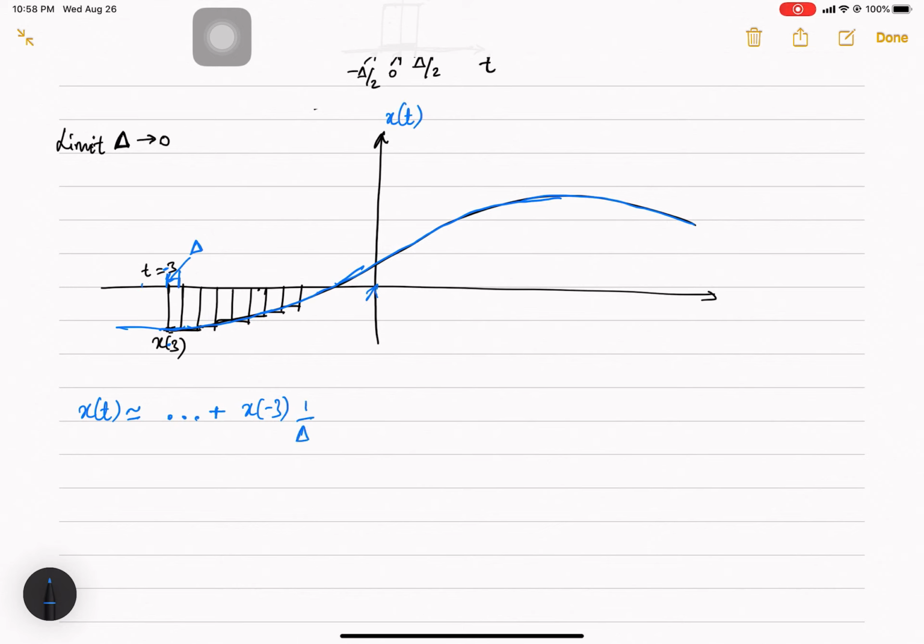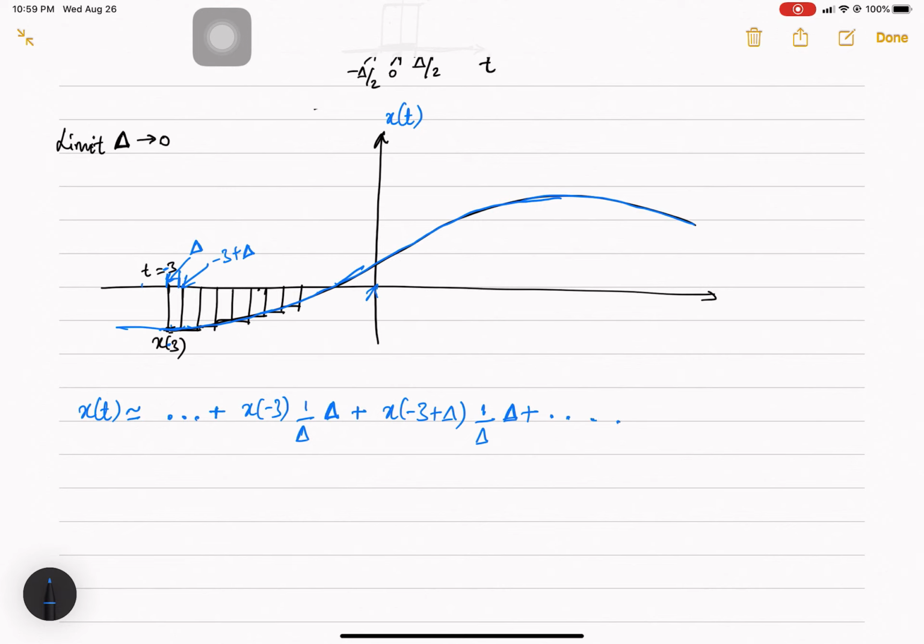The height of the pulse be 1 by delta and the width be equal to delta, plus x of minus 3 plus delta, where minus 3 plus delta is this point. So this will be the height and I'm going to multiply it by a pulse. This treatment is given in the textbook, so you can refer to it. I'll try to fit it in this time frame. I'll go on adding such terms and there will be an infinite number of terms.